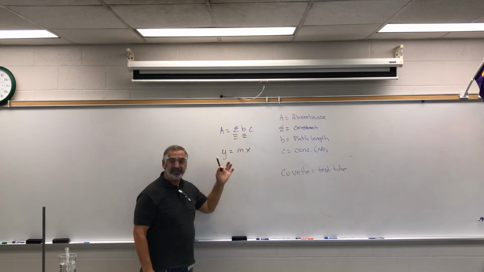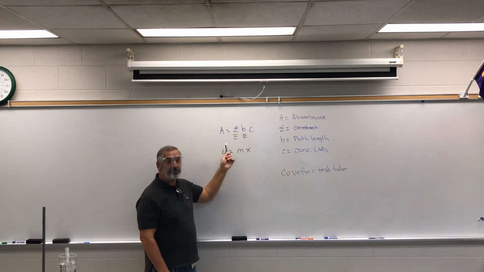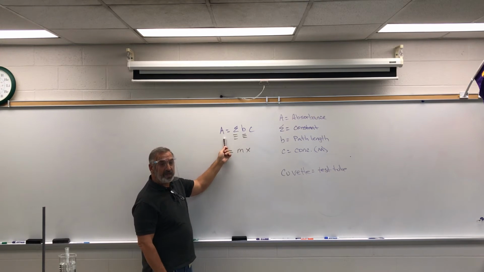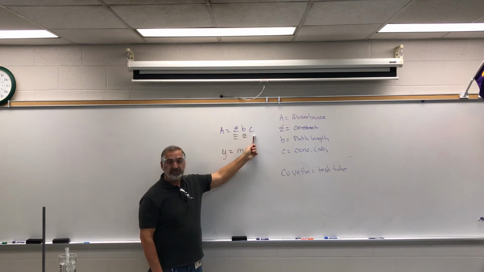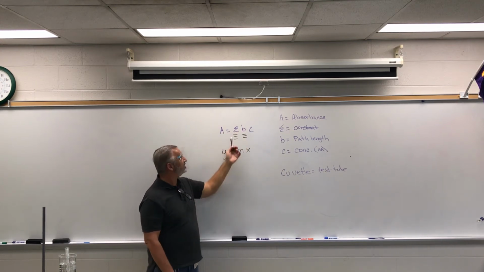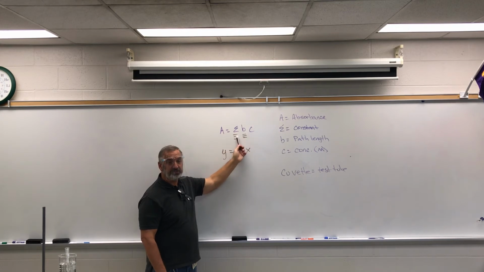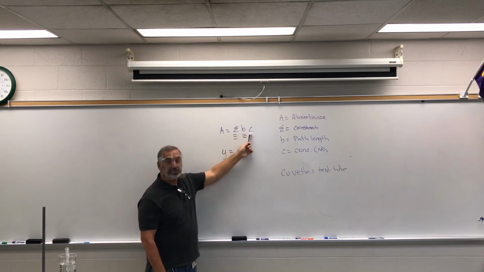Again, I stress, you learn y equals mx, a general formula in math, to apply it to a real subject in real situations, like Beer's law, absorbance is equal to a constant times the concentration. It tells me these two things are directly proportional, and this will be the slope of my line. In this case, the slope's not going to really tell us that much because it's a combination of two things. But if we make our solutions accurately, we should be able to get a straight line when we plot all of our points.